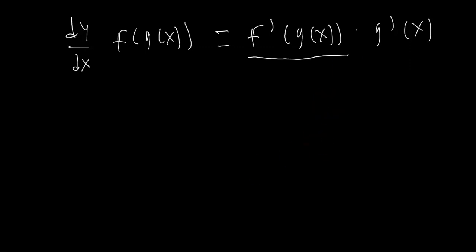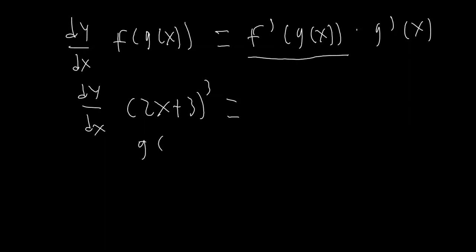So let's say, for example, we had the function 2x plus 3 raised to the third power. As you can see here, g of x is equal to 2x plus 3, while f of x is equal to x cubed.